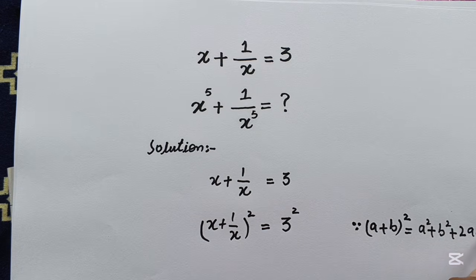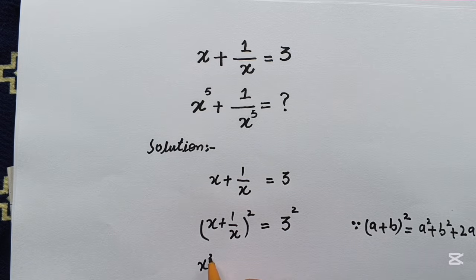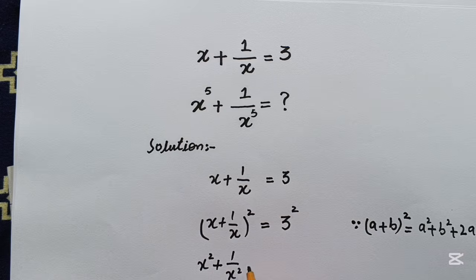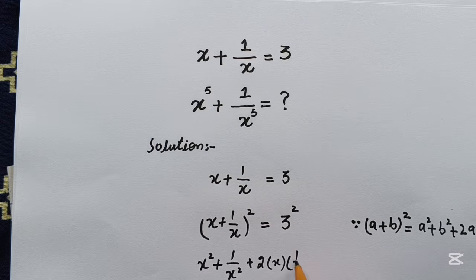Now using this formula, x square plus 1 over x square, this is a square plus b square, plus 2 into a into b, x into 1 over x.